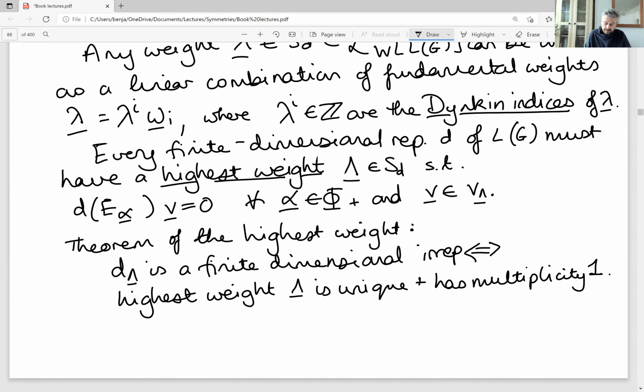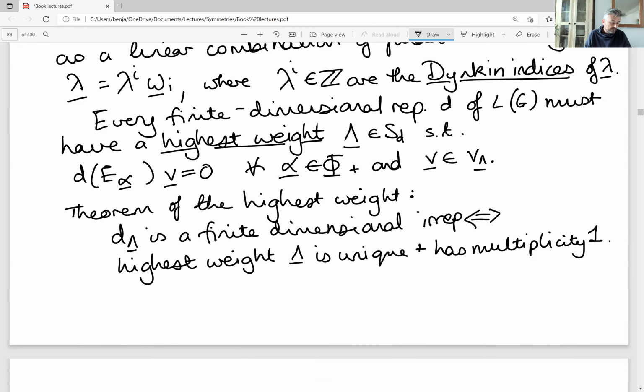So anyway, we've got this highest weight state, and we find the rest of the states by acting with lowering operators.